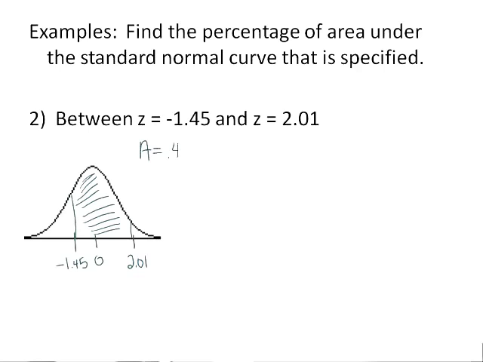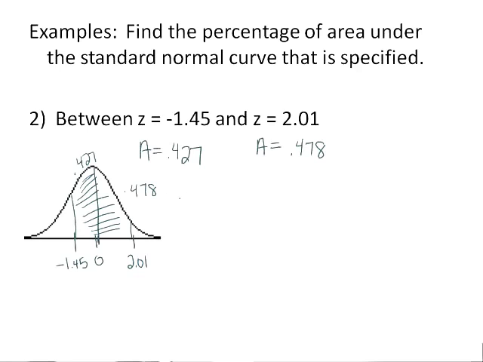I get an area of 0.427. So that's the area on the left-hand side between negative 1.45 and 0. Then when I look up the area corresponding to 2.01, I get 0.478. So that's the area to the right between 0 and 2.01.